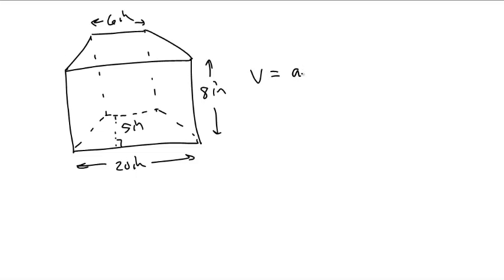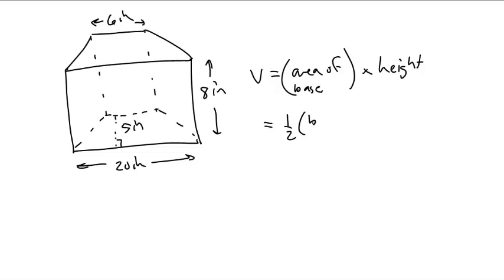What is the volume of this object? The volume is the area of the base times the height, as it is for all prisms. And the area of the base is, well, it's a trapezoid, so it's 1/2 base 1 plus base 2 times the height between them.